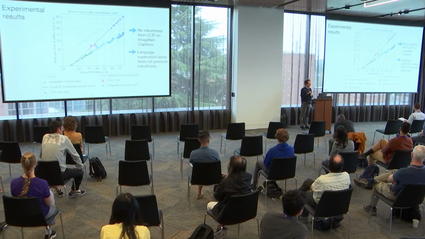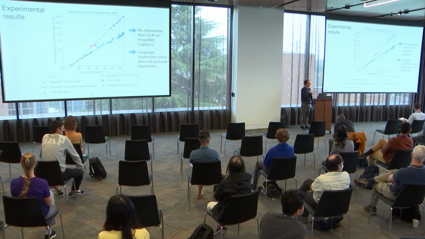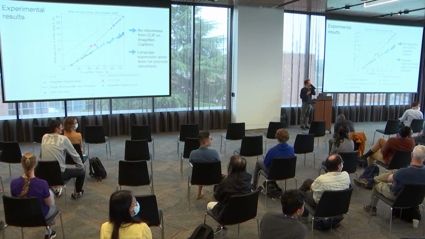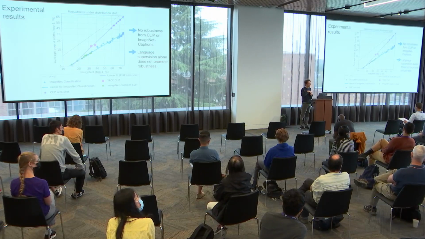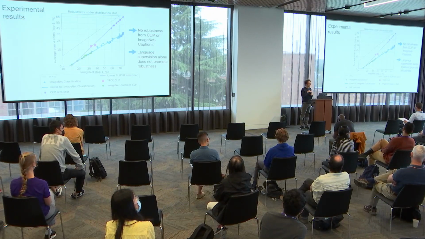Any more questions? Yes, along a similar line with that, did you see anything quantitatively? Just looking at the ones that you put on here, the texts don't seem very descriptive for the ones that you put on Flickr versus the ones that are coming from the CLIP dataset. Did you guys see quantitatively that there was a big difference in the quality of the text? Oh, this is a great question.